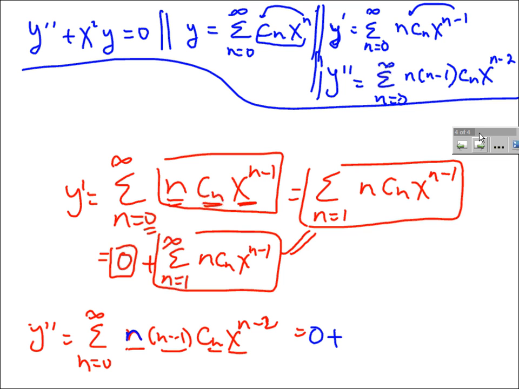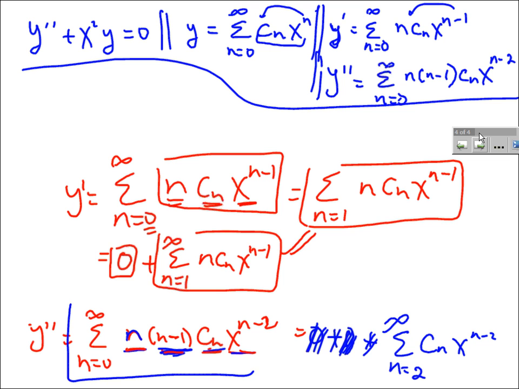Plus, now when n is 1, it'll be this times this times this times that. But that will be 0. After all, 1 minus 1 is 0. So when you multiply these, you're still going to get 0. Plus the summation when n goes from 2 to infinity. I just broke off the first two terms, and they actually equal 0, so you don't need to add them on. This mess is equal to this mess.